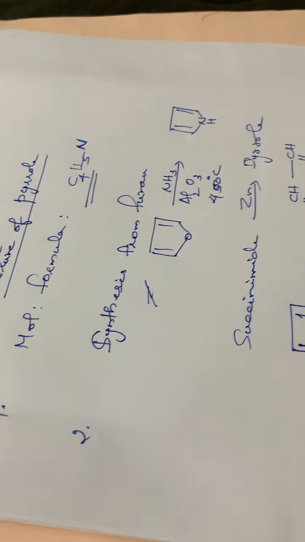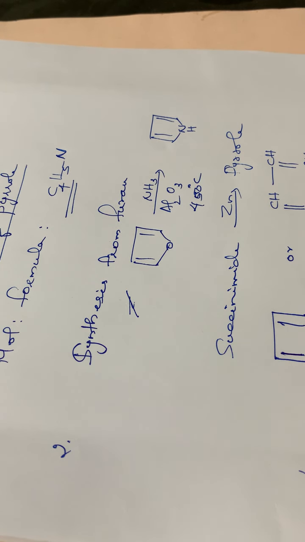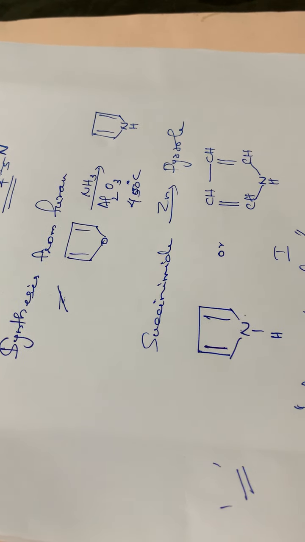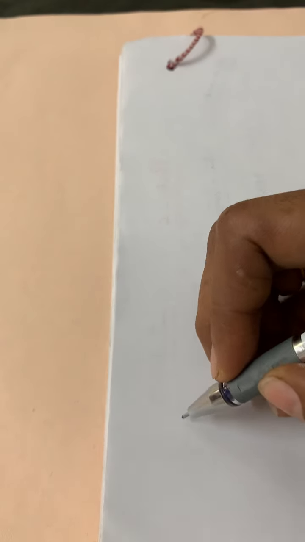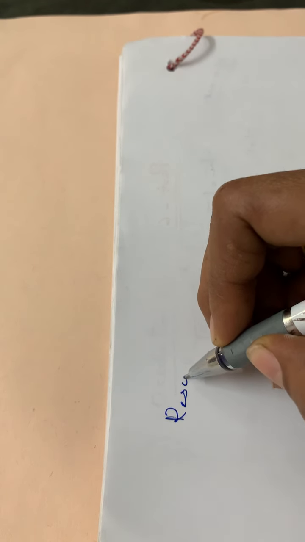Sometimes you will be asked to write the explanation for the structure of pyrrole as per the resonance concept or the molecular orbital concept. Both of these are important. So next, you have to write the resonance concept.